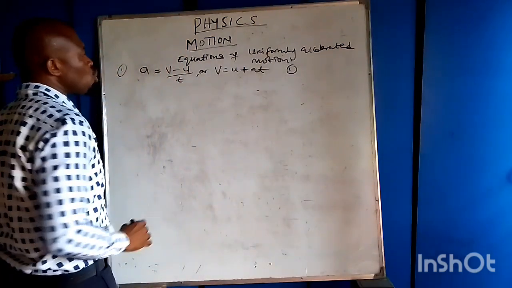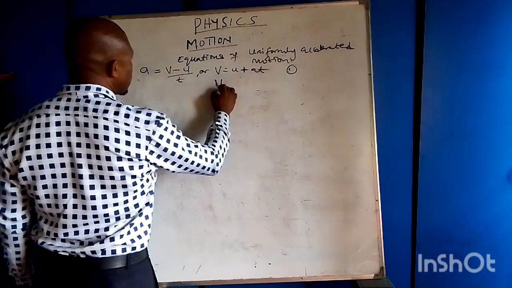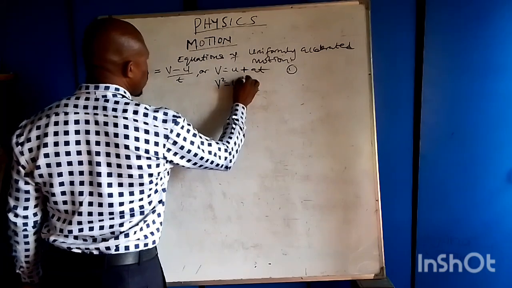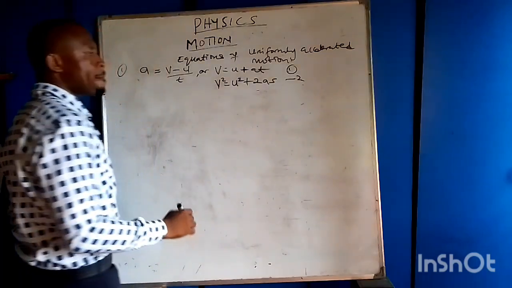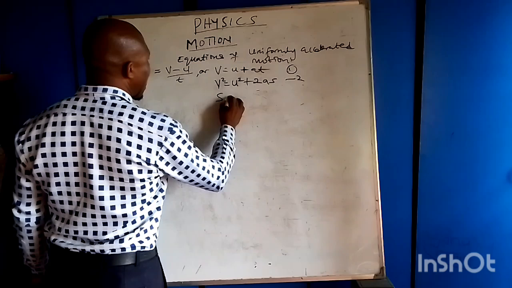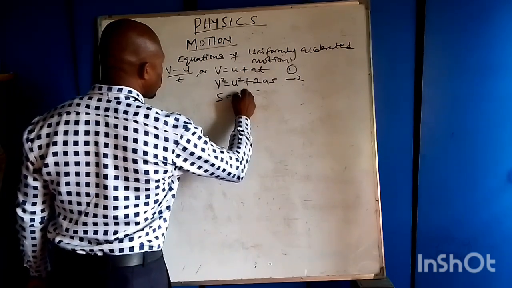Now, number 2, we have the one that says v squared is equal to u squared plus 2as. This is the second one. Now we have the one that says s is equal to ut plus half at squared.